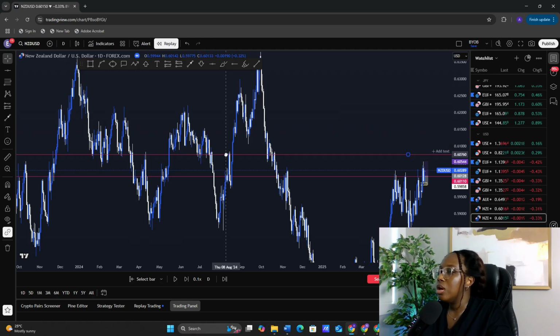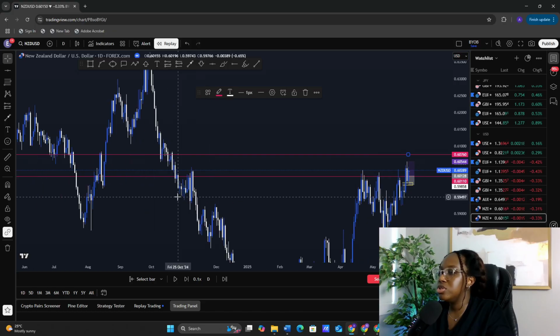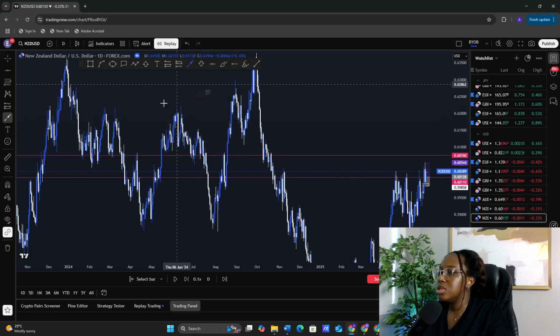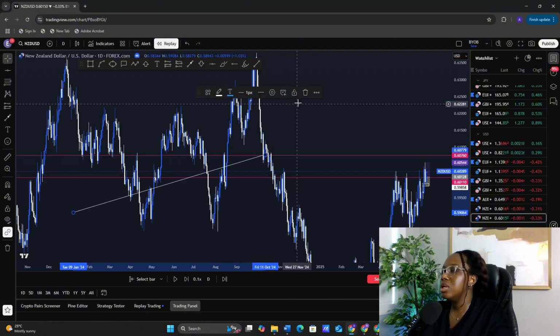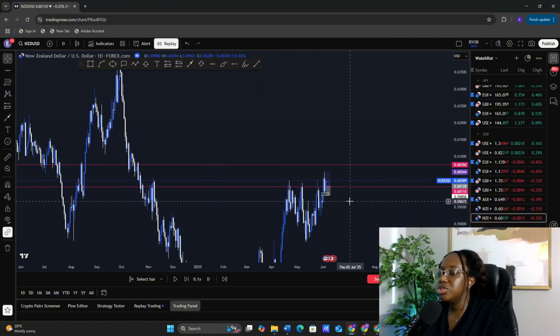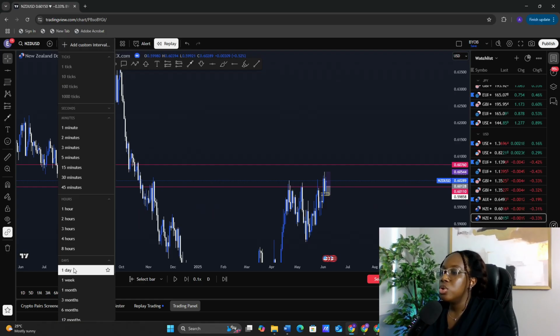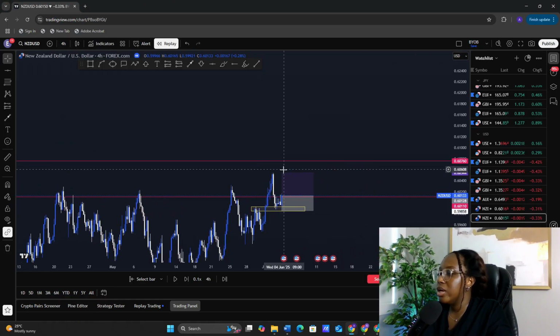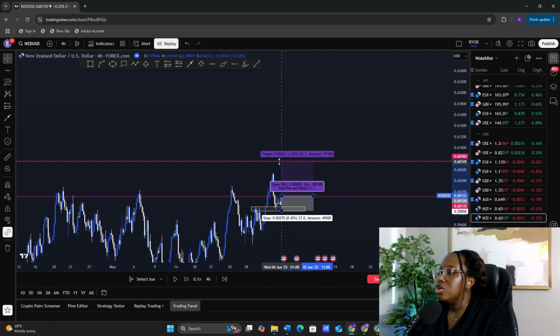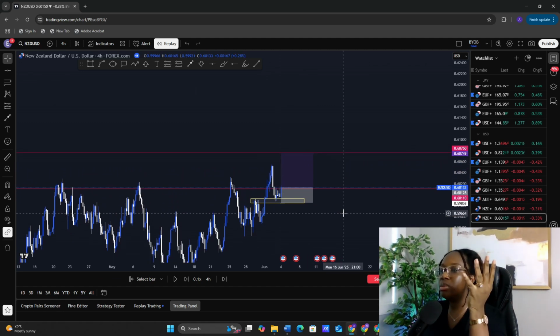As I move it, you see we already have a couple of touches on the higher time frame: a level of support, resistance, support, resistance, and then some playing around. That was the zone I was looking at for price to potentially go up to. Going back down to the 4-hour time frame, I set my target up there, just so I can get a 1 to 2 minimum RR.